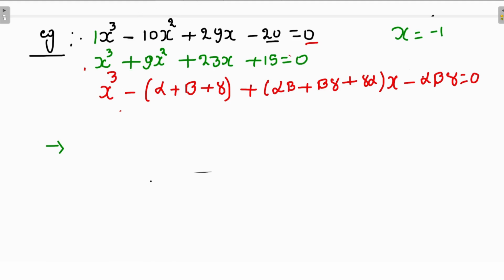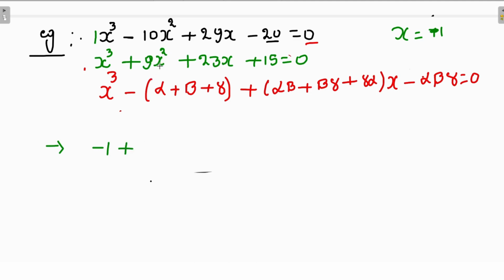Here all the symbols are plus, so if I assume a plus x value, I will get a plus answer, which is definitely not equal to 0. So I won't assume plus cases; here I have to assume minus cases only. So it is minus 1. If I substitute in this equation, minus 1 cube is minus 1 plus 9 into minus 1 whole square.